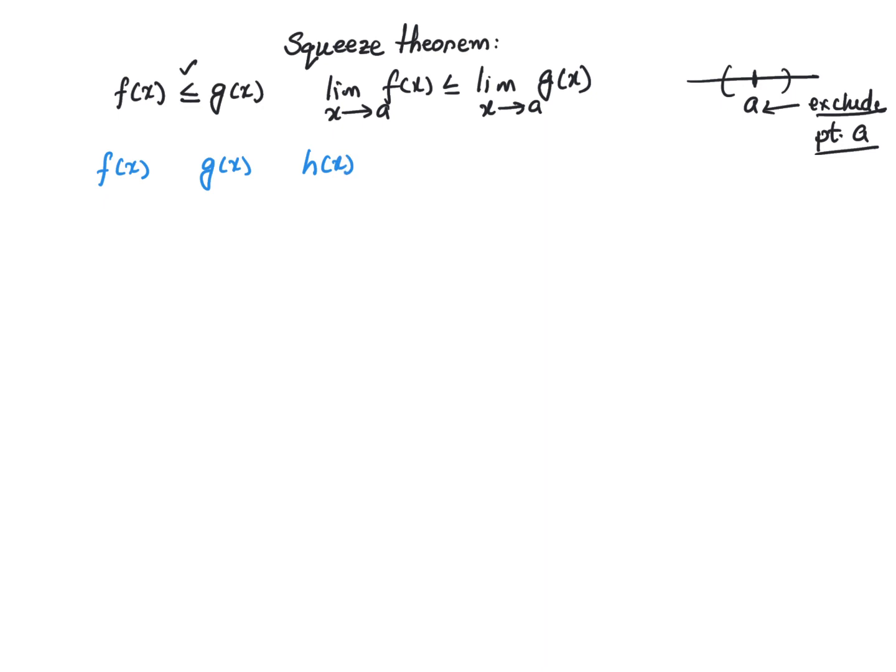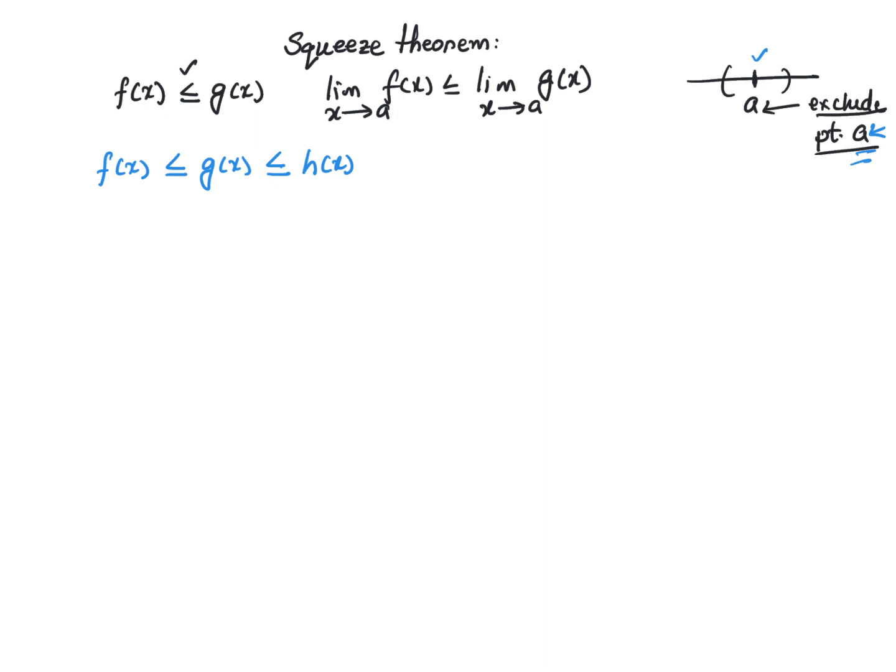The relation among these three functions is this. f of x is always less than or equal to g of x, and g of x is always less than or equal to h of x, again for some neighborhood of A, some interval containing the point A, possibly except for A, meaning that we do not say that this relation necessarily holds true for the point A, but it holds true for all the points surrounding A.